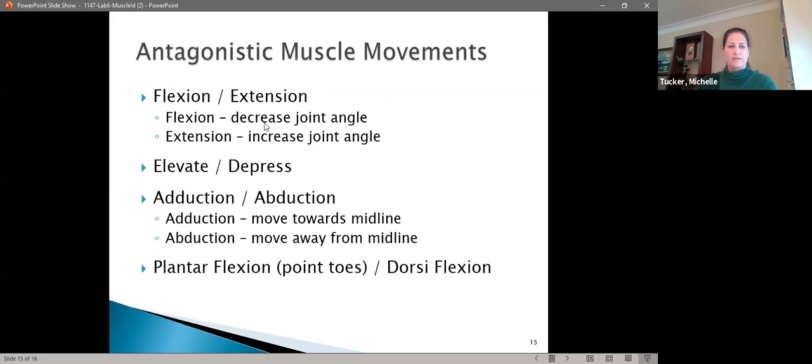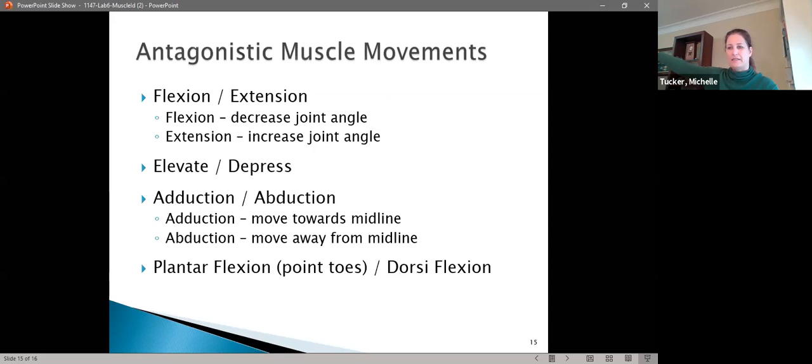Okay, so flexion decreases the joint angle, extension increases the joint angle. So muscles that flex are going to antagonize muscles that extend, and in the reverse, we have elevation and depression that we use with the mandible. Abduct means to move away from the midline. Okay, so we're moving away.